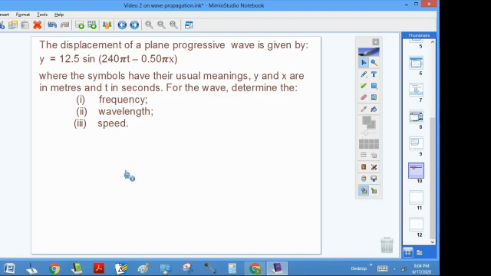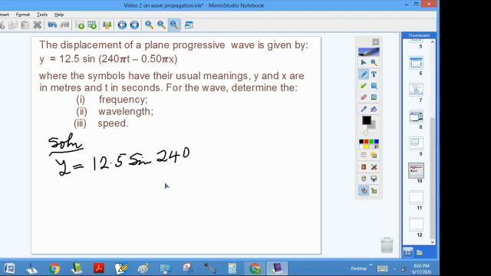So to handle this, this is the solution we are going to take. We are given that y is equal to 12.5 sine (240 pi t minus 0.50 pi x).